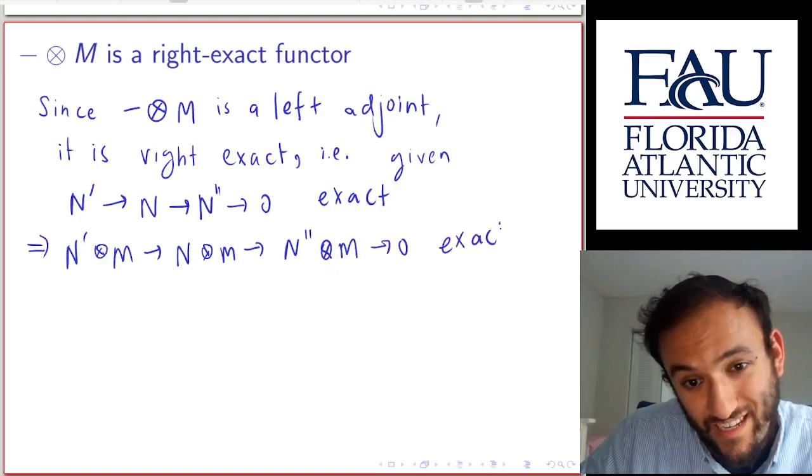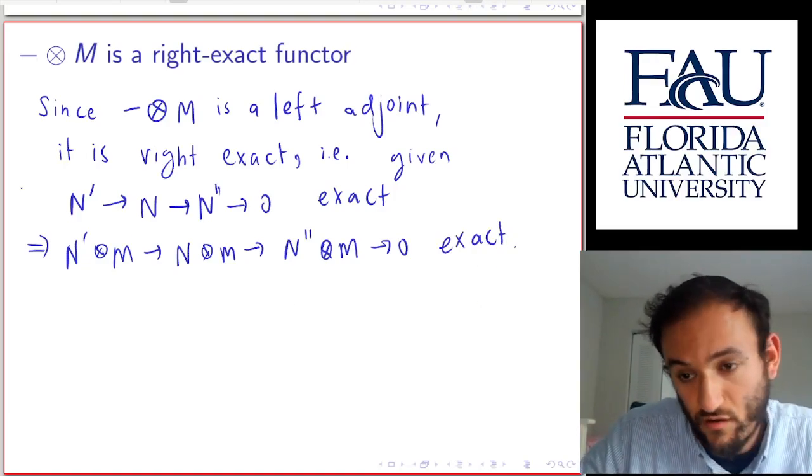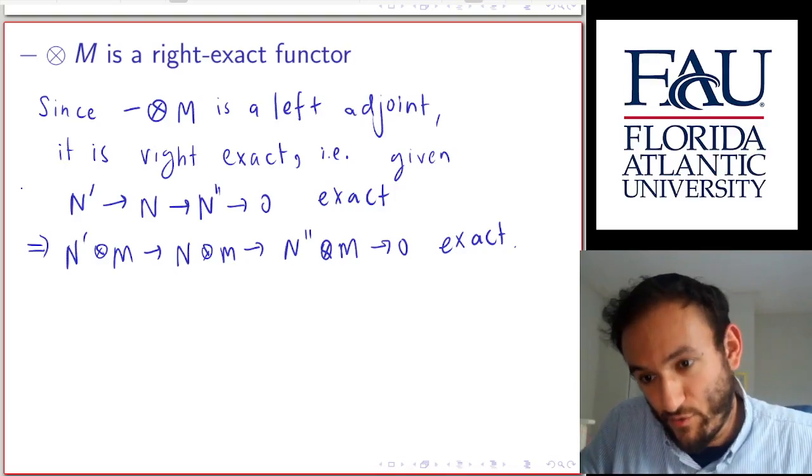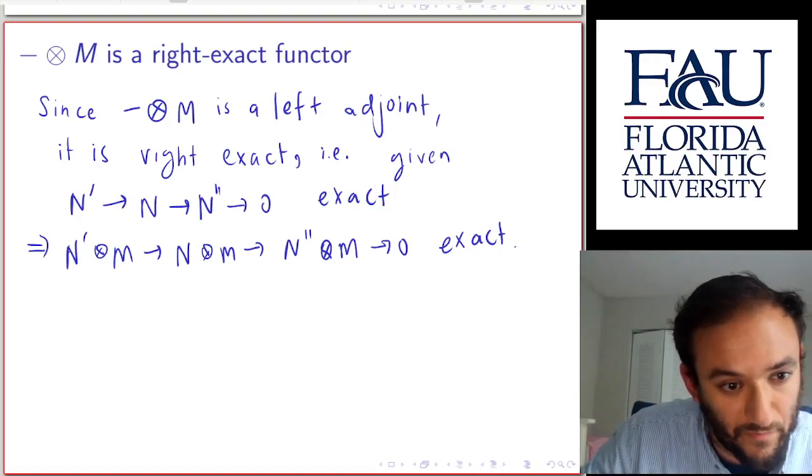Okay, and it's called right exact because this is true for this side of a short exact sequence, but it's not true for that initial step from 0 to n prime.